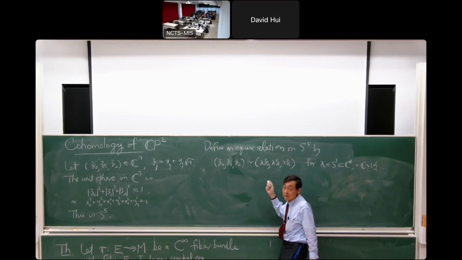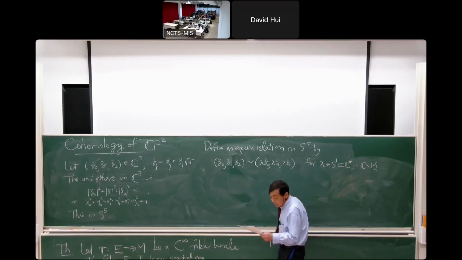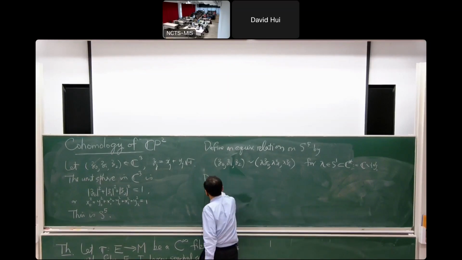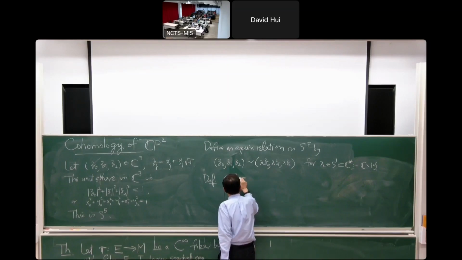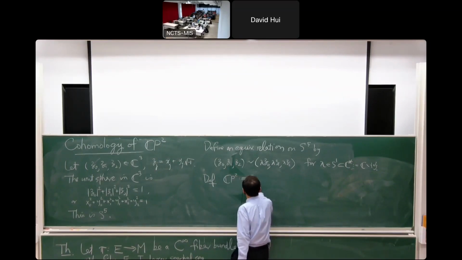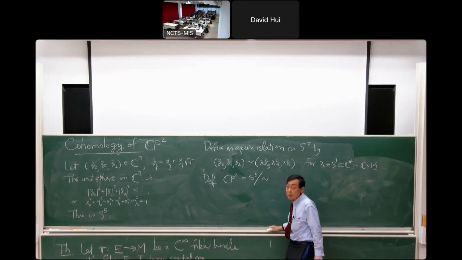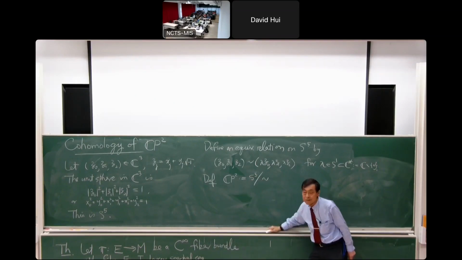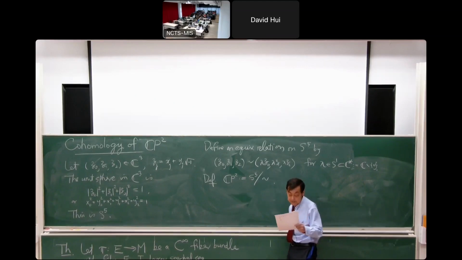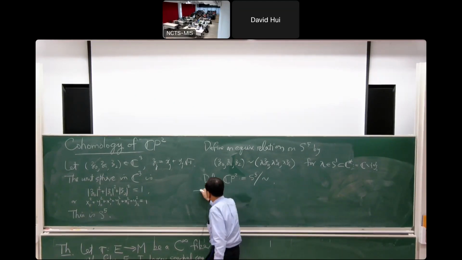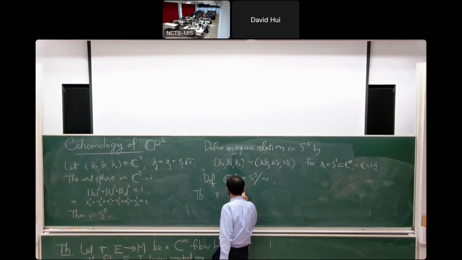So you define this equivalence relation, and then CP2 is defined to be the quotient. It's defined to be S5 quotiented out by this equivalence relation. And so there is a map from S5 to CP2, the projection map.